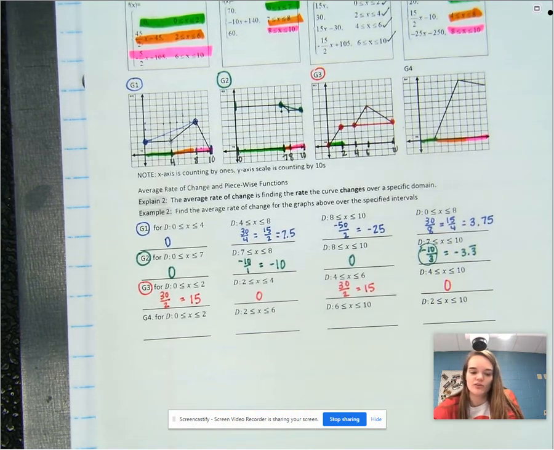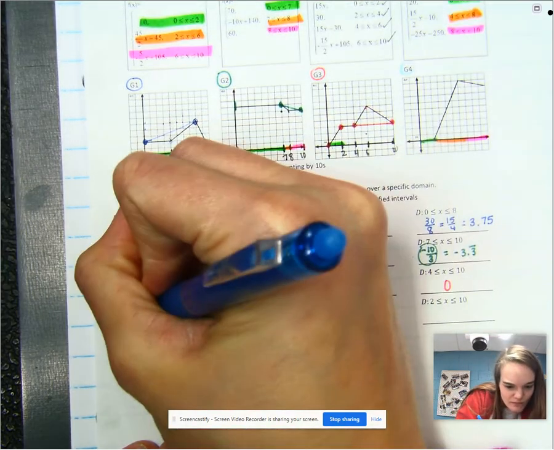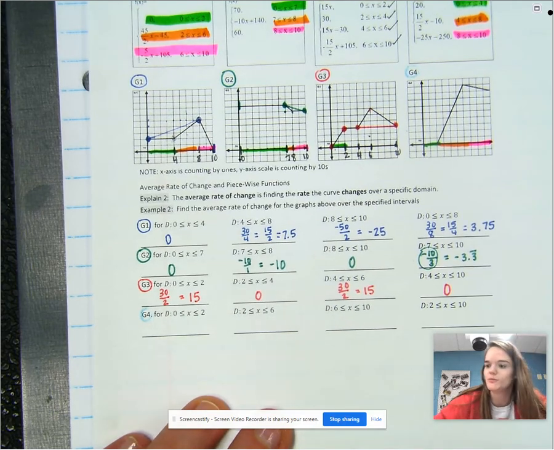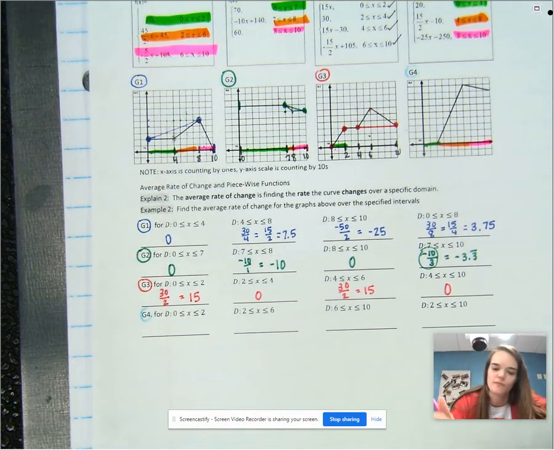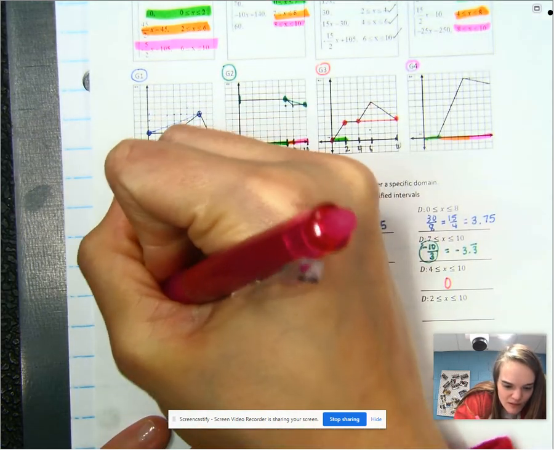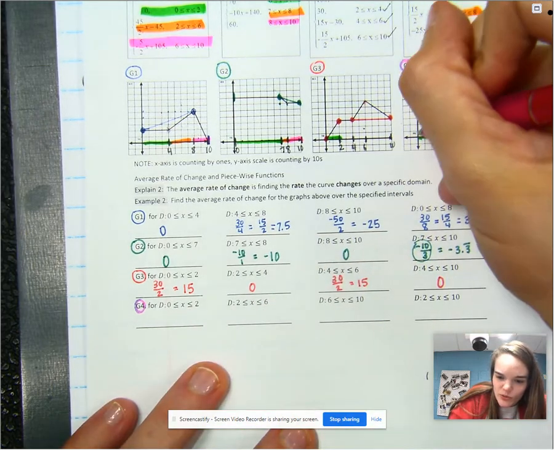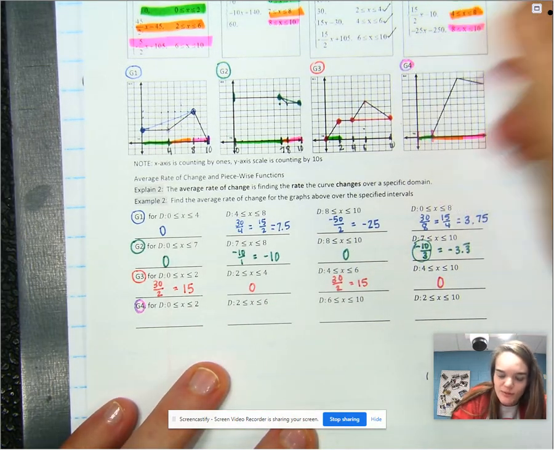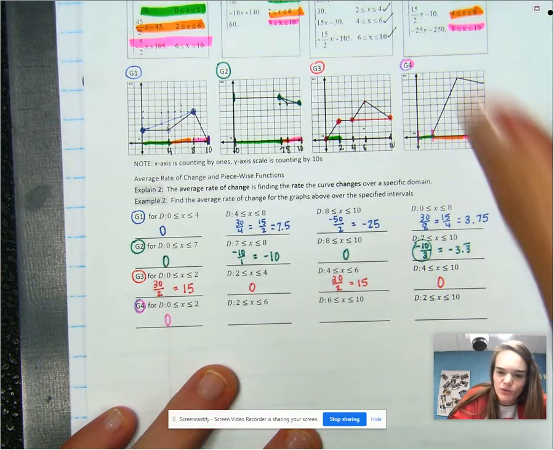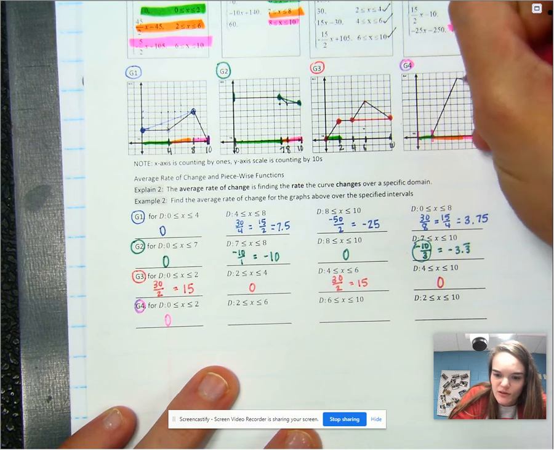Okay, last let's do G4. I'm not sure you'll be able to see that color. You might have to do a different color. Okay. From 0 to 2, that's a horizontal line. It's not changing. 2 to 6. 3, 4, 5, 6.